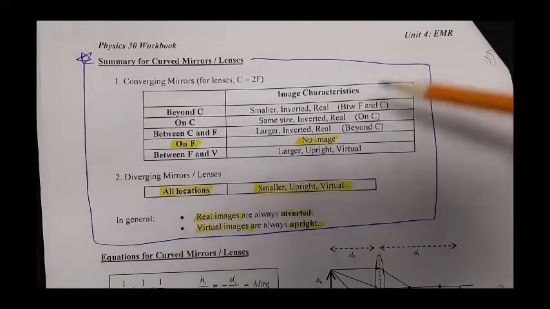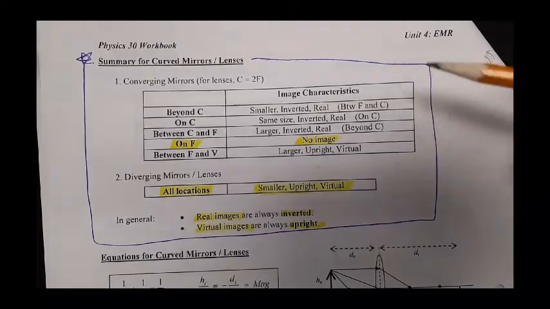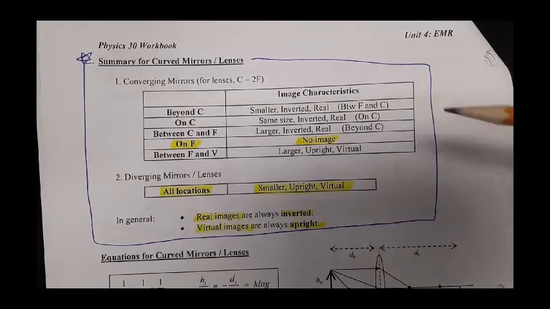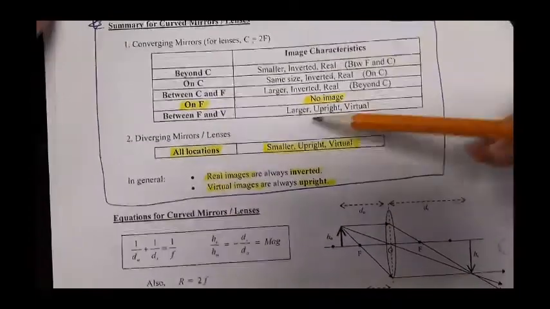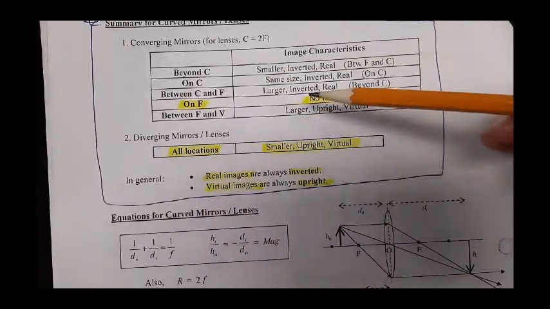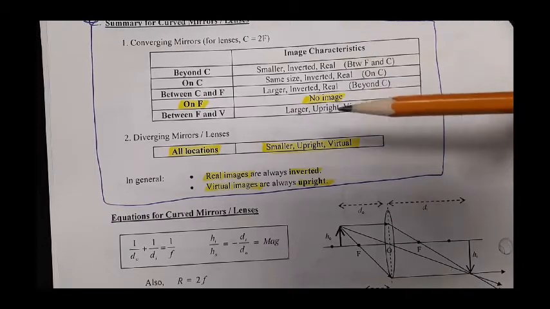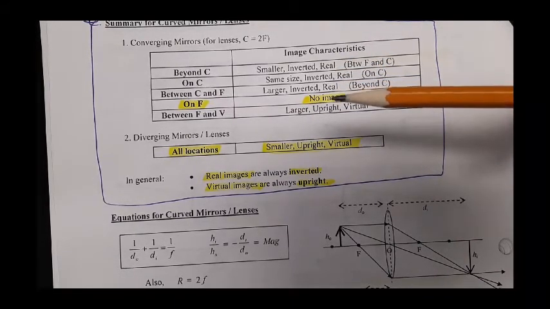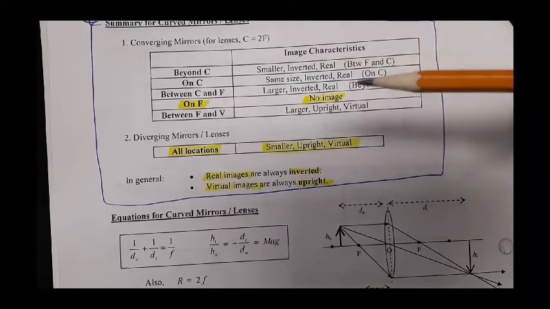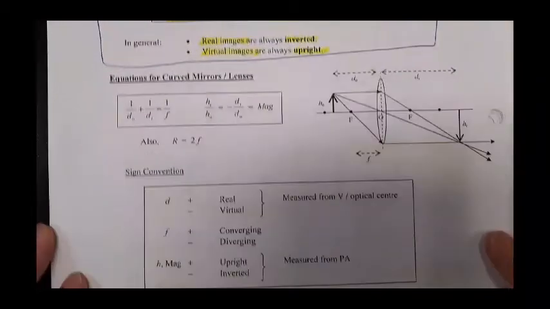Today you may notice that drawing the diagram every single time can be tedious. And even if you draw it, the guideline says smaller, larger, inverted, but you may want to know how much smaller or larger. So today's lesson involves equations.